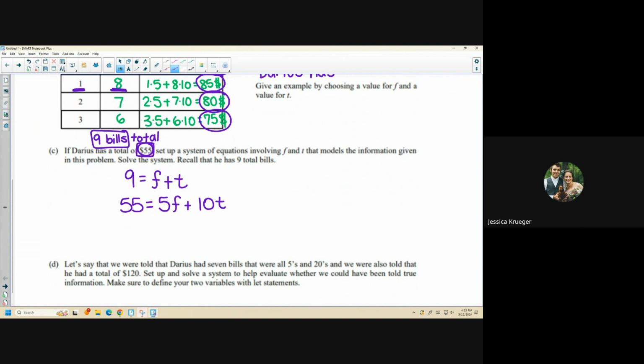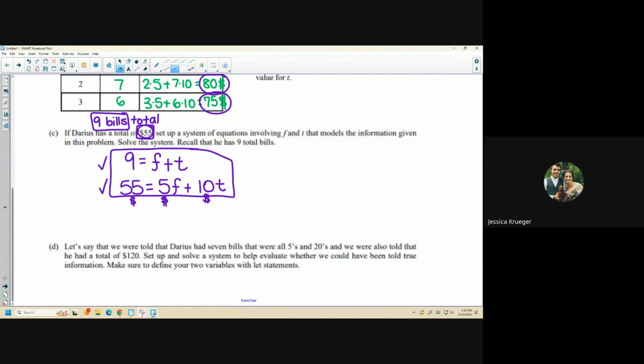So it's important to note that money equals money plus money. Okay, so my system of equations would be this right here. He has 9 bills total, and then $55 comes from taking the number of fives times 5 plus the number of tens times 10.